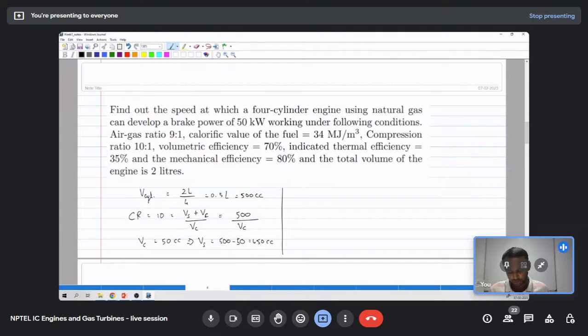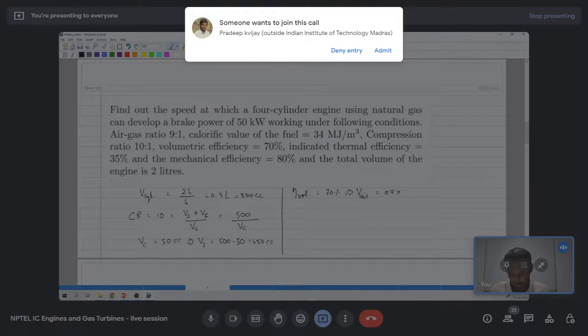Now we know that the volumetric efficiency is given, which is 70%. So we know what volume of air has actually come in. Volumetric efficiency is 70%, so that means volume of air that has come in is 0.7 into the stroke volume, that is 450.